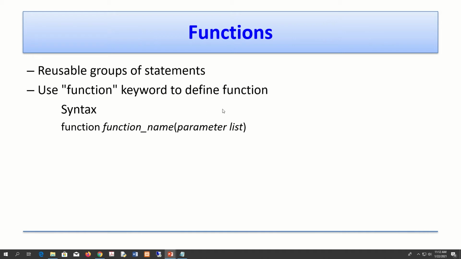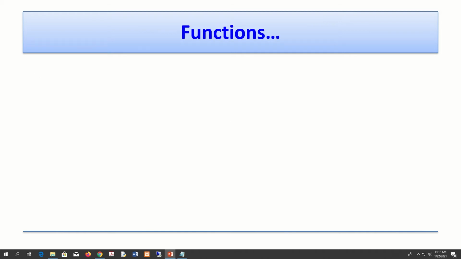Then here we can pass any parameters. Then we can define a set of code as a block, so inside this open and close curly bracket block, we can define a set of statements. If there is a return value from this function, at the end of the function, you can return that value. Okay, so let's see an example.